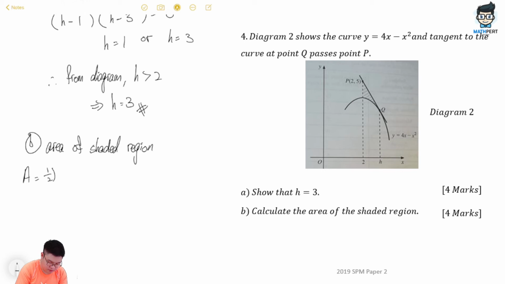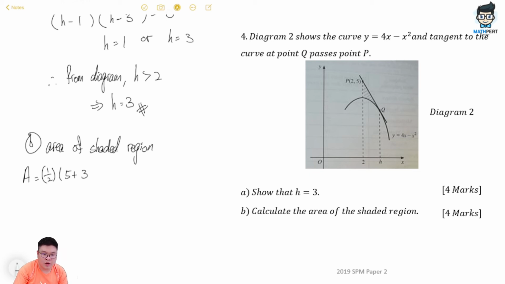So half of, the length from the x-axis to point P is 5, plus the length from the x-axis to Q, which will be 3.